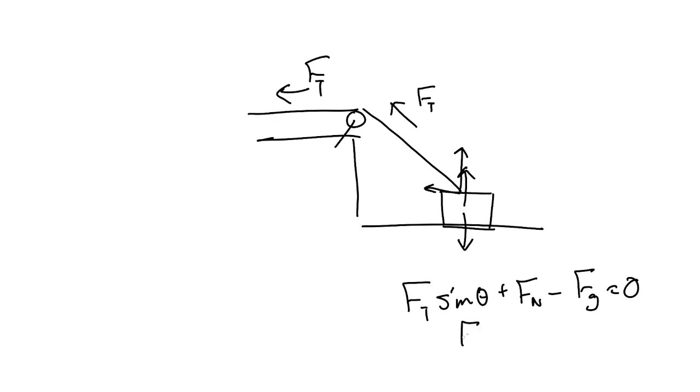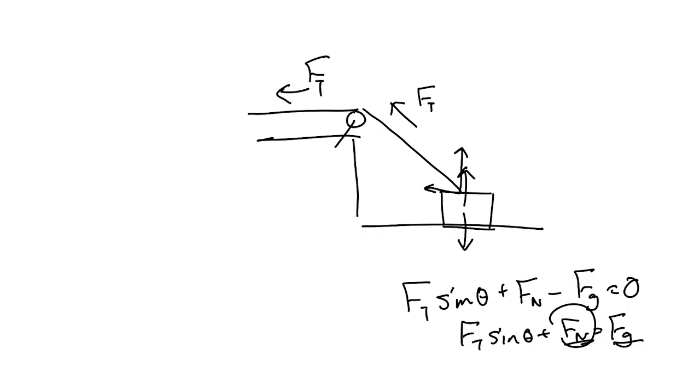So our tension force sine of theta plus our normal force is going to be equal to our gravitational force. So our normal force is going to be decreasing, because as we keep on pulling, this force is going to become higher, and this gravitational force is going to stay constant. So our normal force is going to decrease.